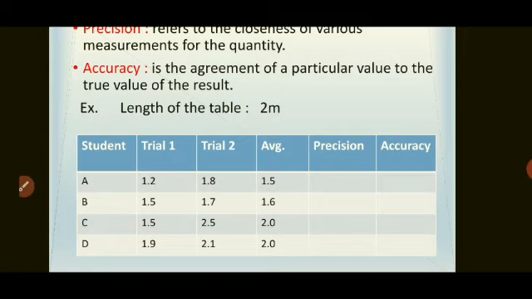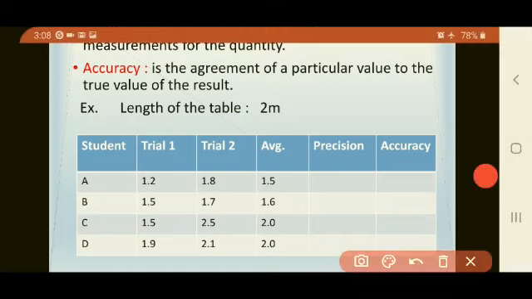With this reading, what can we say about precision and accuracy? The two readings are close to each other and hence they are precise? Yes. But the average result is not matching with the true value of the given length, so accuracy is not there. Student B has 1.5 and 1.7.